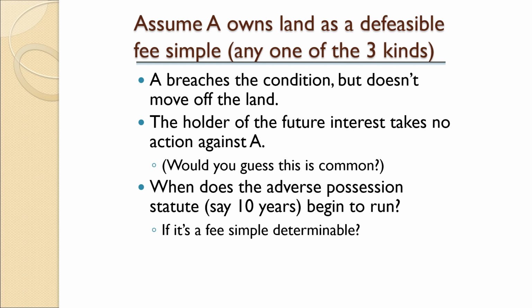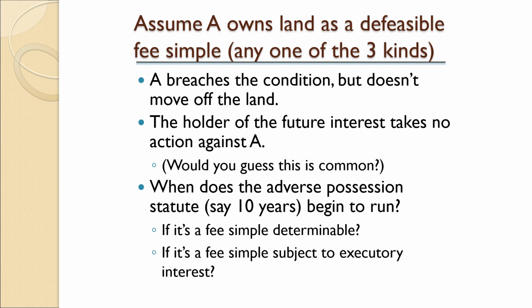And because they're trespassing, they're an adverse possessor, and after 10 more years, they will have acquired full title to the real estate. And by full title, what I mean is that they will have a fee simple absolute, and the person with the future interest will be cut off and terminated. There won't be any future interest anymore.